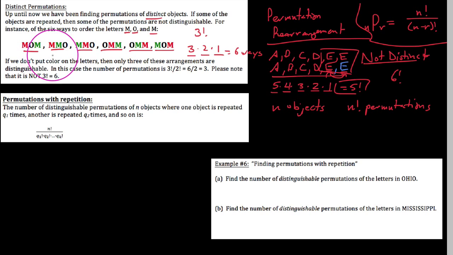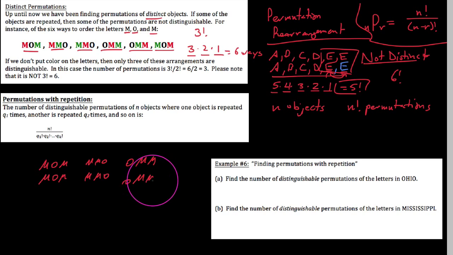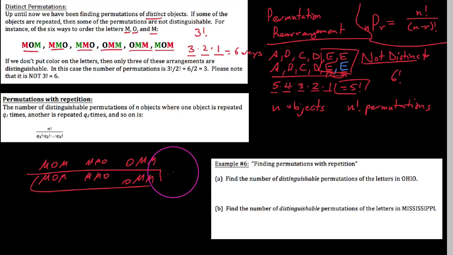But let's assume we weren't doing this in color, that it is just MOM. Could I say that MOM, MMO, MMO, OMM, and OMM are distinctly different from the originals? Actually, there are only 3 ways to rearrange the letters in this word, because these were just repeaters.